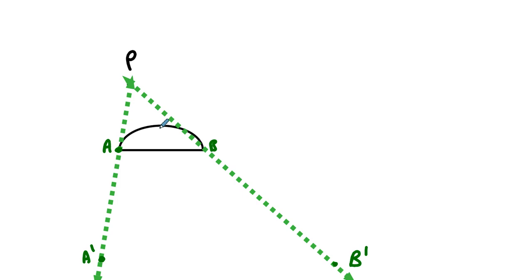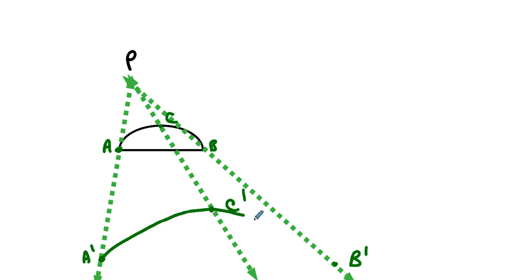And then maybe we pick some point up at the top here, maybe that's point C, and we have line PC, and whatever this distance is, we do that and again, and that's point C prime, and we get a figure that is similar to the original figure, but 3 times as big in all its linear dimensions.